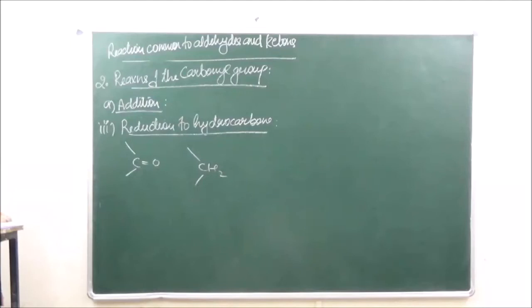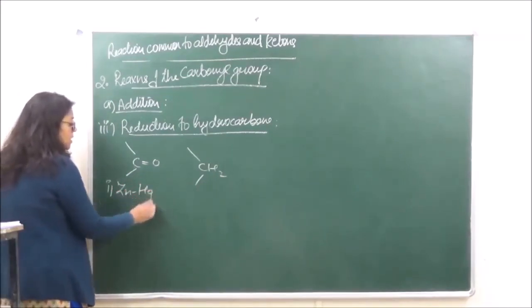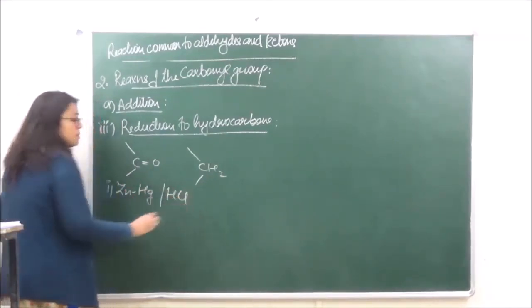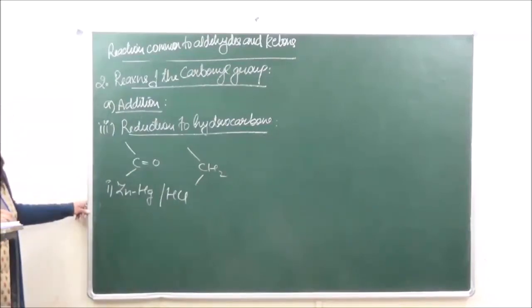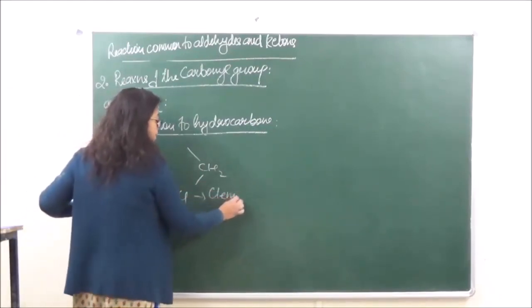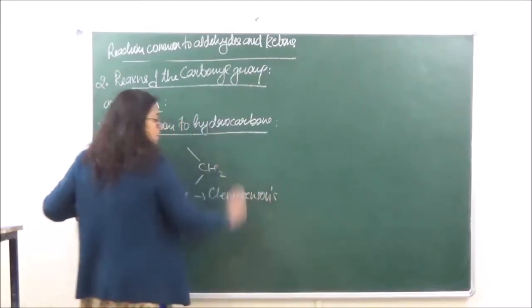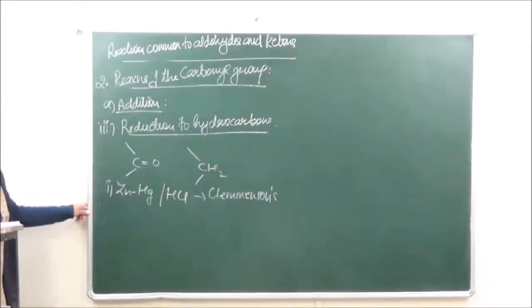So this is going to be the reaction to methylene group over here, and the reducing agents which we can use is zinc and mercury amalgam in presence of HCl. If you are using this reducing agent, the reaction that is going to be known as Clemmensen reduction, very important from your board's point of view, Clemmensen's reduction.